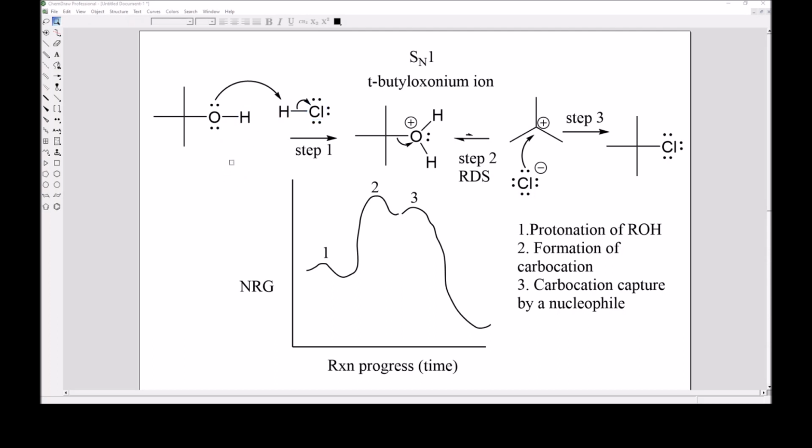So remembering back to my high school days of stake dances and the uncomfortableness of that, there was kind of this moment where you made eye contact with the other person. And at that point, you were kind of committed to asking them if they wanted to dance. That would be called an early transition state. So you had made eye contact, you might not even be next to each other, but you had already kind of reached a decision point that, okay, now I have to ask them to dance.